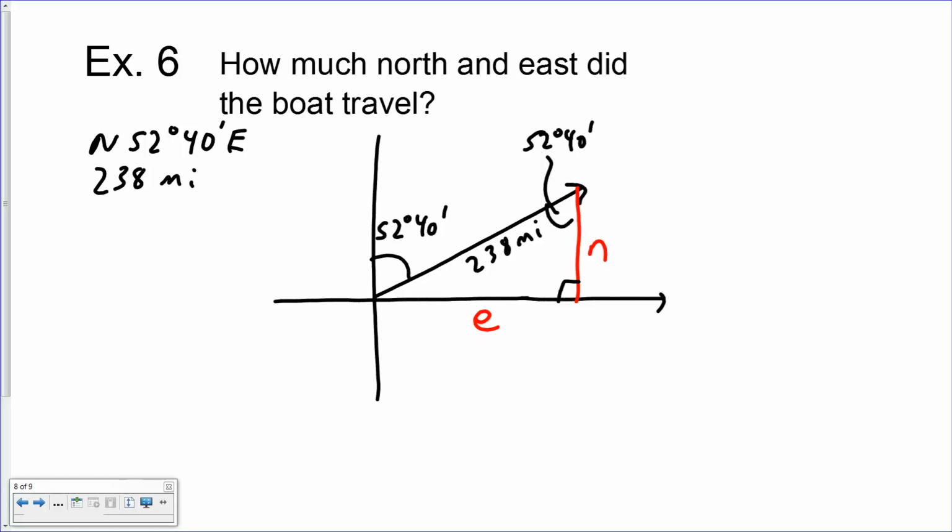You have the hypotenuse that's given, you have your angle that's given. So we're looking at the sine of 52 plus 40 divided by 60, because I just converted that into a decimal of a degree, is equal to the opposite, e, over 238. At that point, you can solve for your e, and the other one is going to be the cosine.